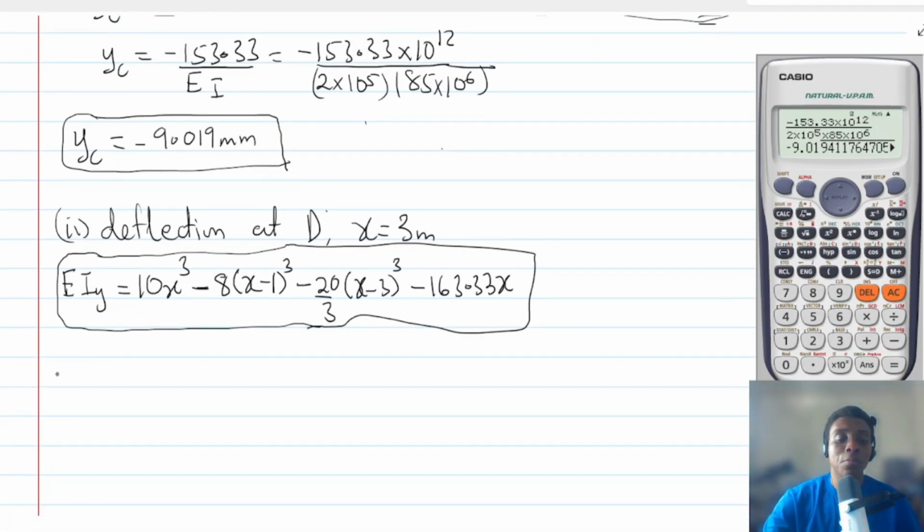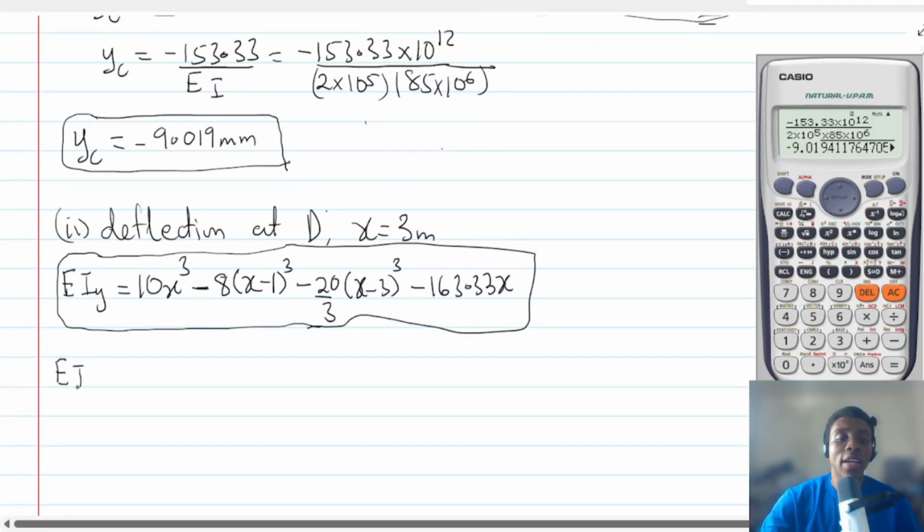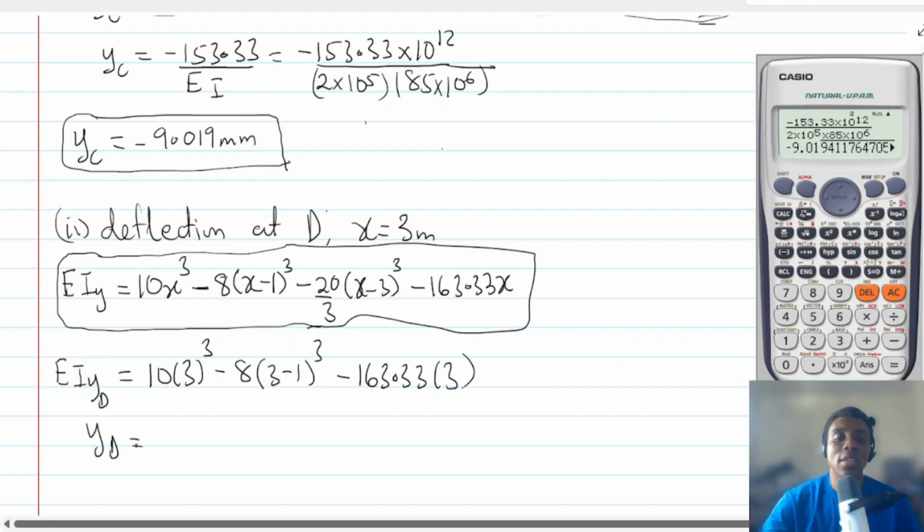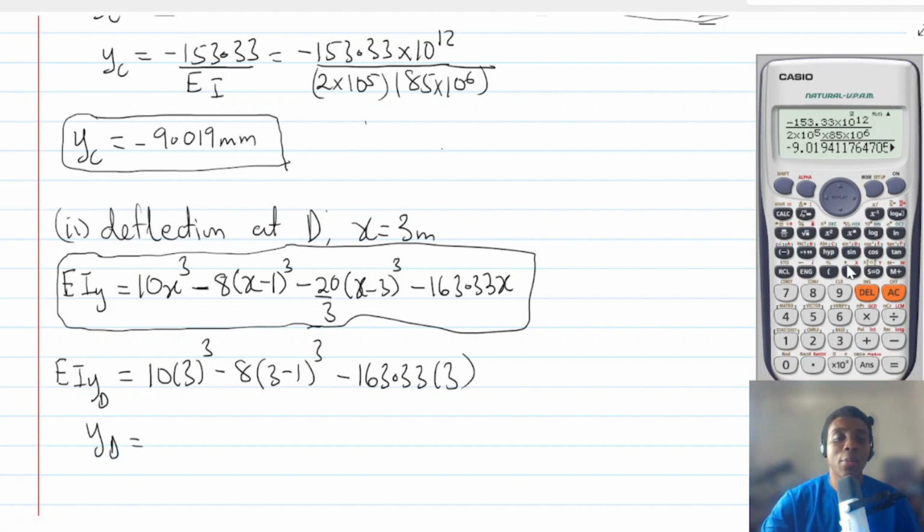So it's going to be EI YD should be what? 10 times 3 cubed minus what? 8 times (3 minus 1) cubed, minus, of course, if you put 3 here it will be 0, so you don't need to bother, and then multiply by 3. So then YD, so let's calculate what we have here.